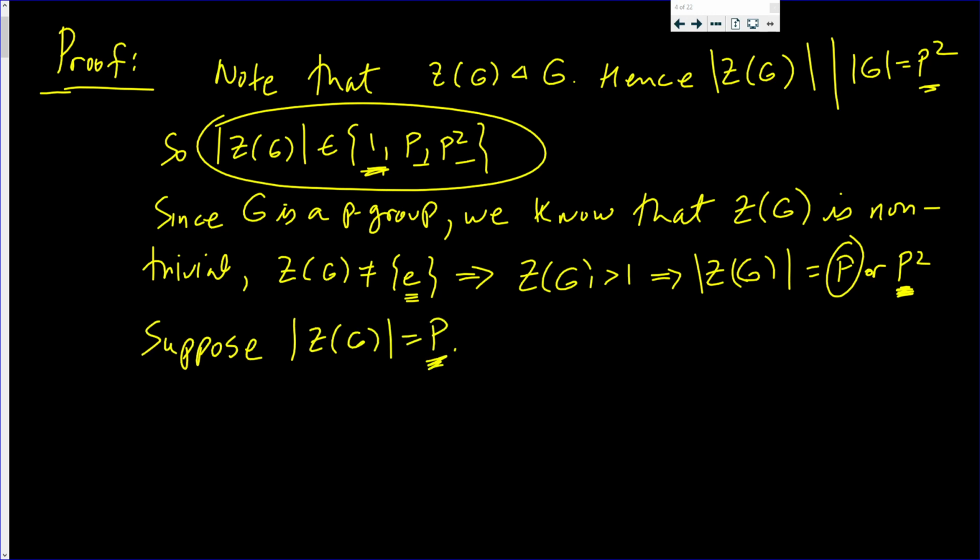Well, this is not all of G. G has p squared elements. So choose some x not equal to E in G such that x is not in the center.